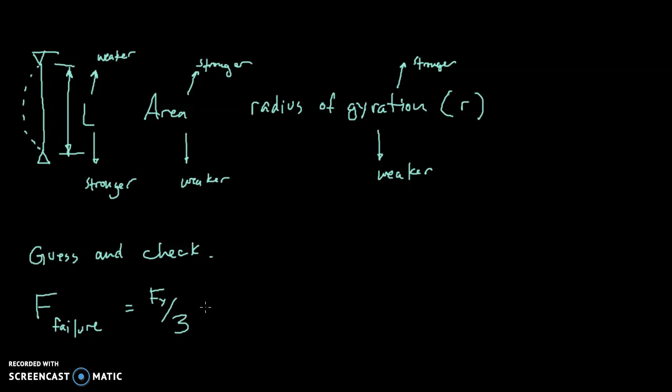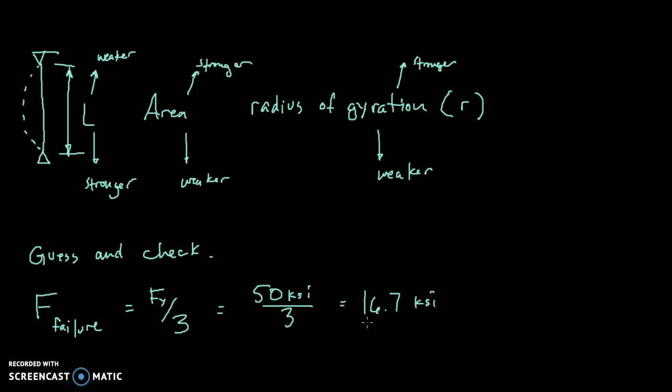Okay, so typically we're going to be dealing with wide flange sections. That's a common used section for a column that might be made out of 50 KSI steel. So if we're using a 50 KSI steel, then that divided by 3 is 16.7 kips per square inch.